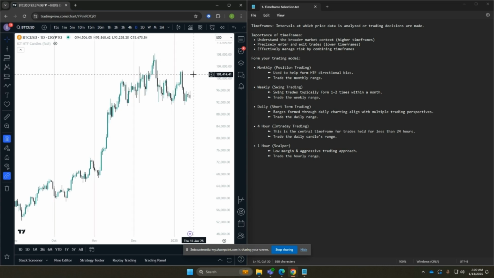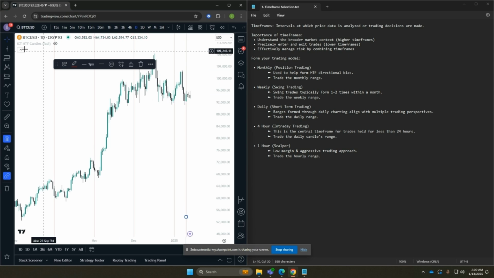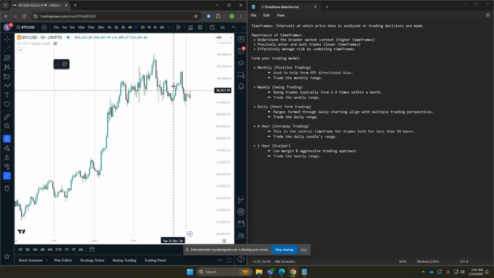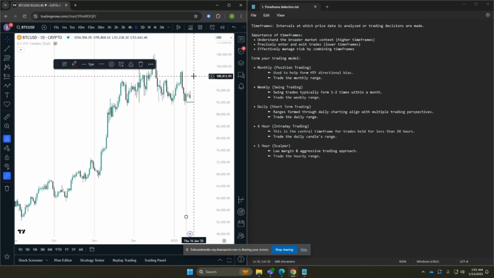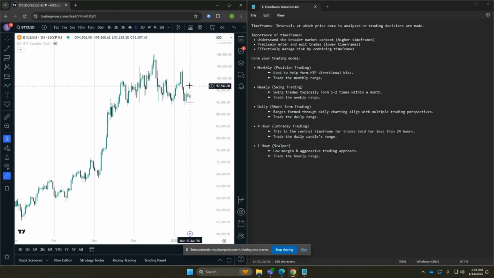But the daily chart is something to definitely look out for, or to keep your eye on, to make sure you don't overlook certain things. Like keep in mind certain highs and certain lows. So this is a low, this is a low here, right? And today, if you look at it, it's still going. The price is moving.